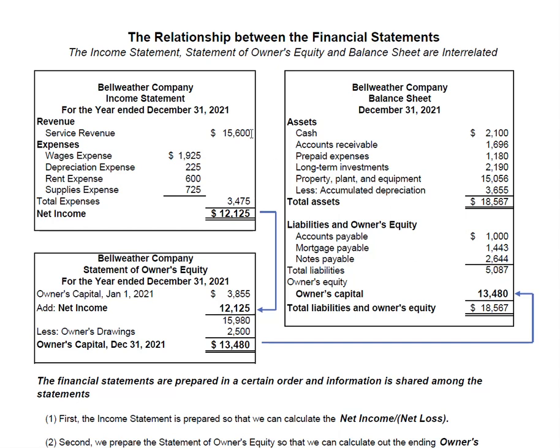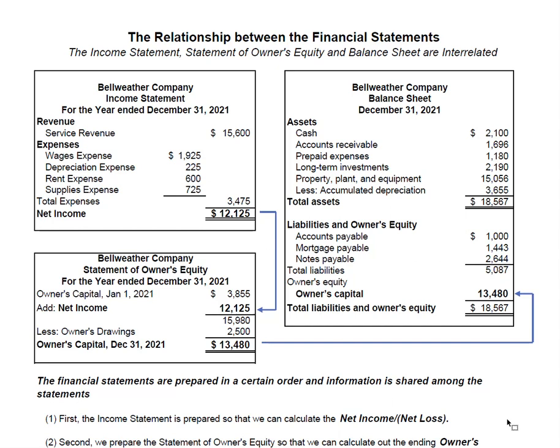So we take our $15,600, subtract out the total of our expenses, which is $3,475, and we have net income of $12,125. The total on our statement always gets a dollar sign and a double underline. That means it is a final number. Okay, so our net income is $12,125.